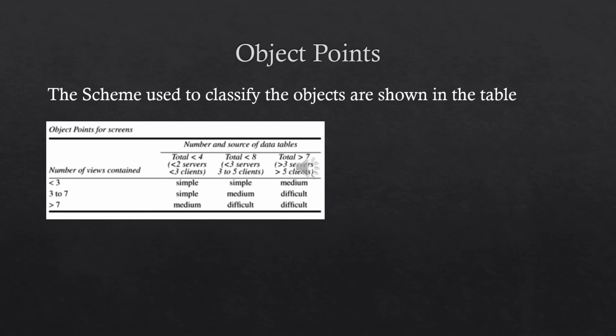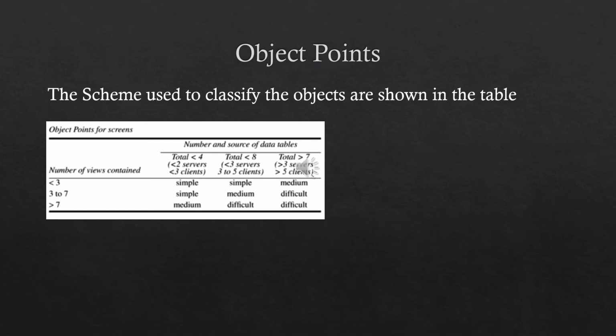From this table, we can define certain decision rules. If the number of views contained is less than 3 and the total number and source of data tables is less than 4, then the entry is simple, based on one more condition.